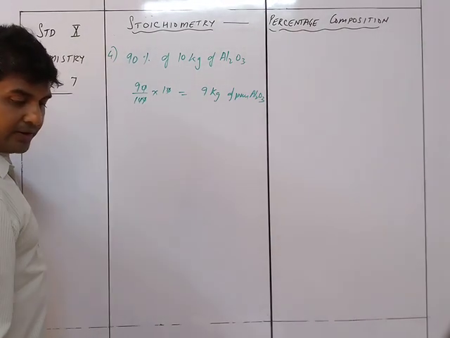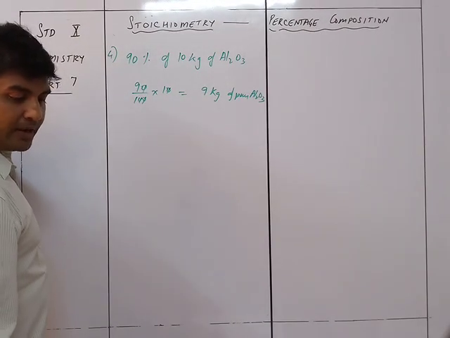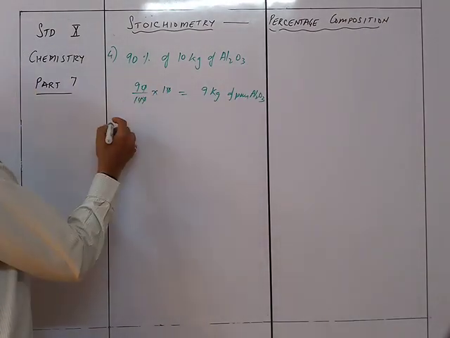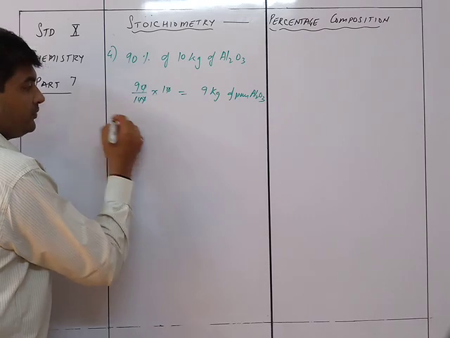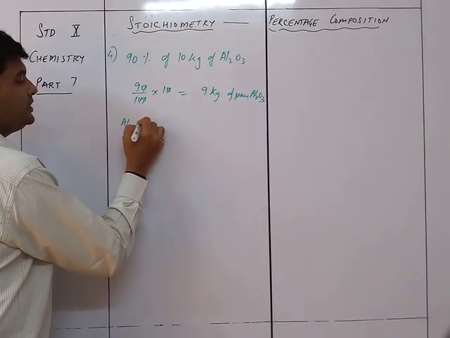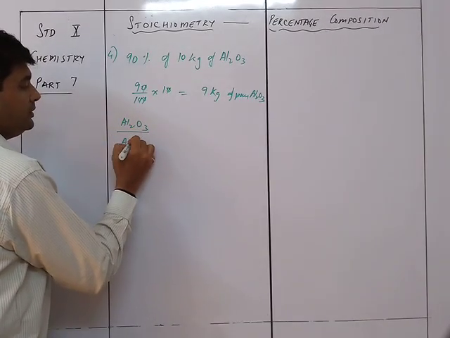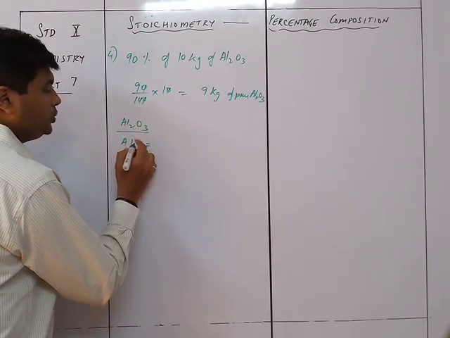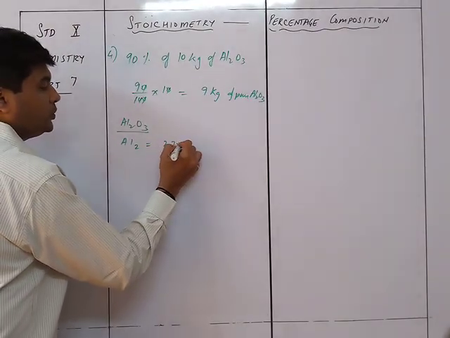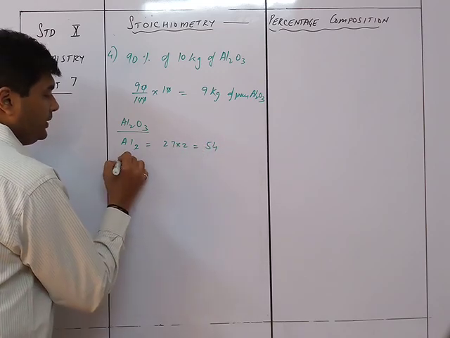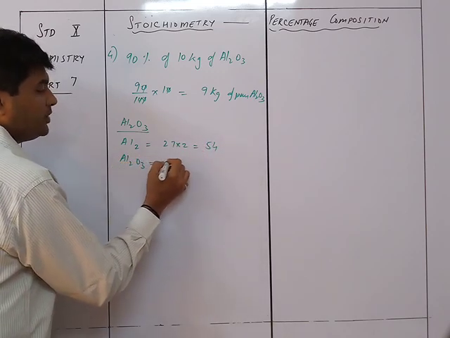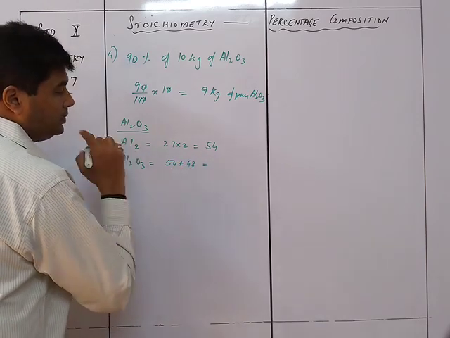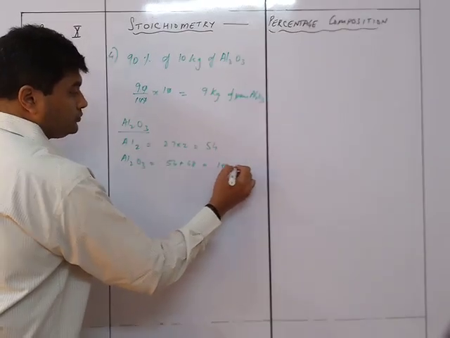They want to calculate the percentage of pure aluminum. So we need to find out the percentage of pure aluminum. Now we know that in Al2O3, Al is equal to 27. So Al2 will be equal to 27 into 2 is equal to 54. And Al2O3, the GMM will be 54 plus 48 is equal to 102.